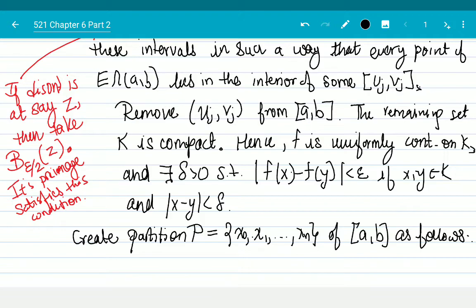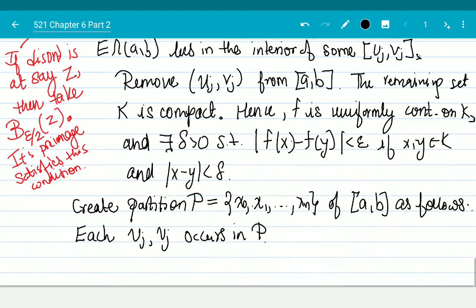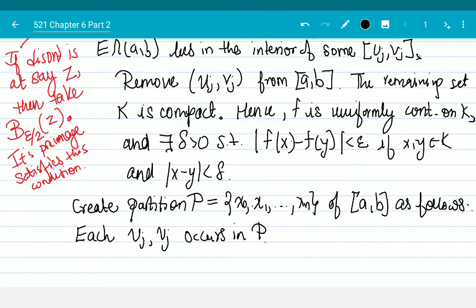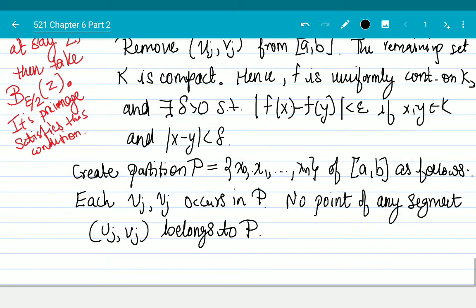Each Uj and Vj must occur in P. No point in between Uj and Vj, in the segment of any Uj, Vj, belongs to P. Okay?